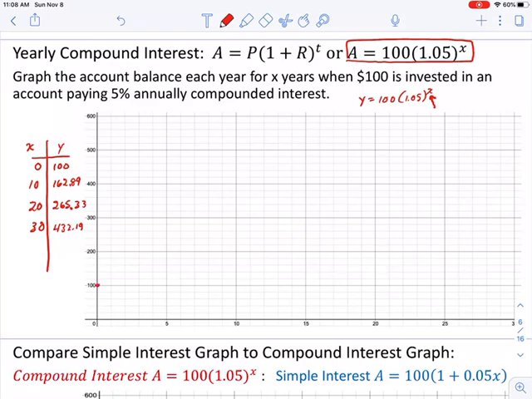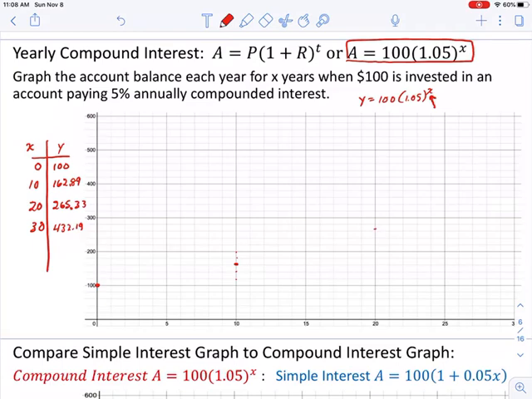Now in this one, we're starting at 0, 100, just like we did before. 10 and 162. Let's see, these go by 20s. 20, 40, 62, so that'd be about 162 right there. Then 20, 265.